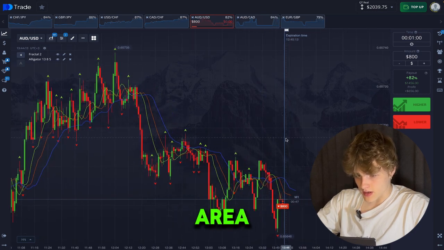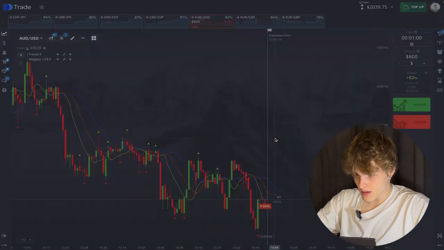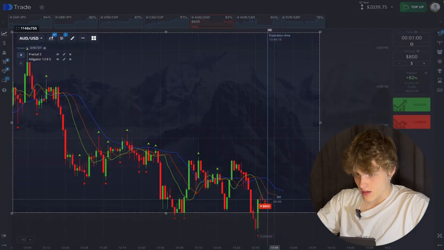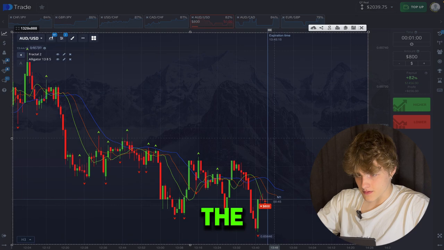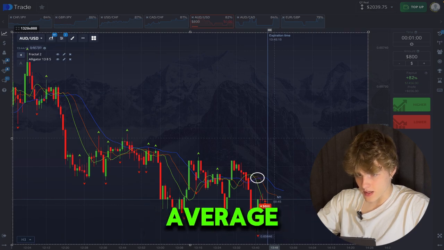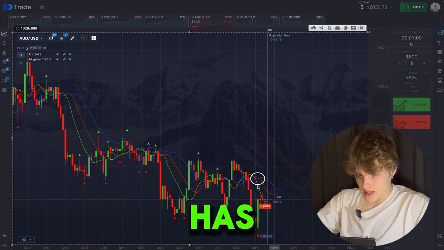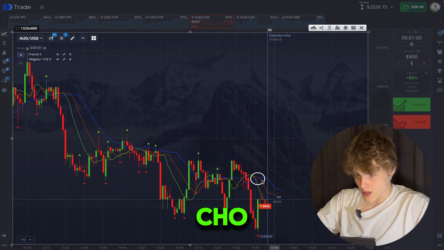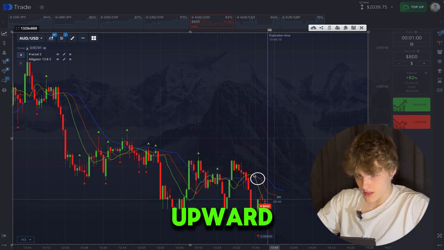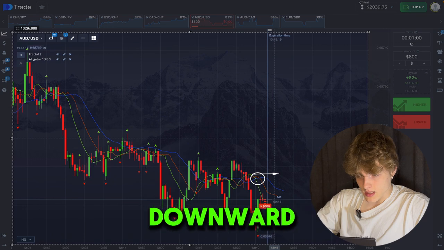Let's highlight the working area. Okay, here we have the crossover of the alligator's moving average. The moving average called lips has moved downward, while the moving average called jaw has moved upward.